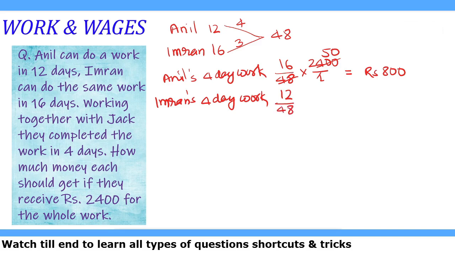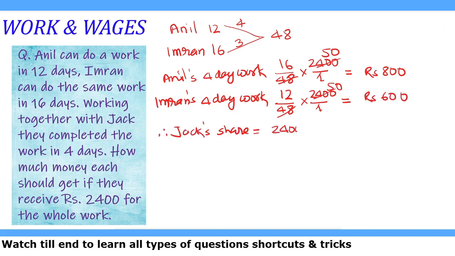So 12 divided by 48 multiplied by 2400 is his share. 48 divides 2400 for 50 times, and 12 multiplied by 50 is rupees 600. Therefore, Jack's share equals 2400 minus 800 minus 600, which equals rupees 1000.